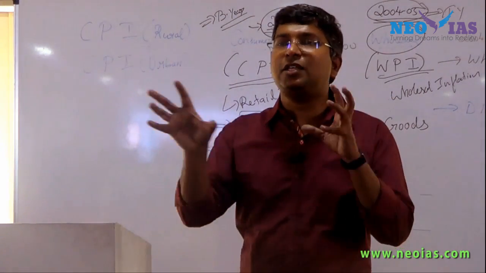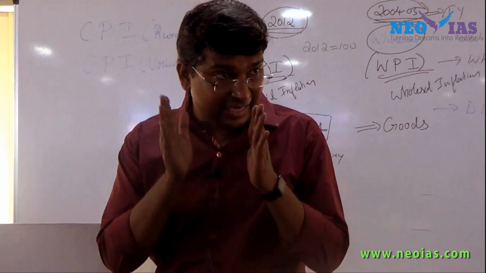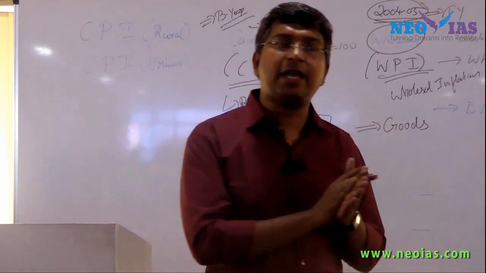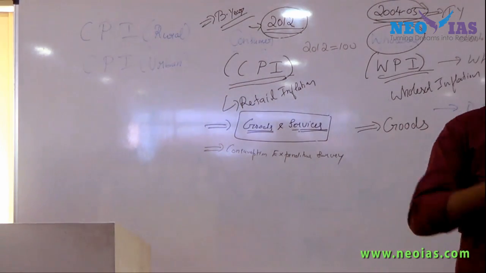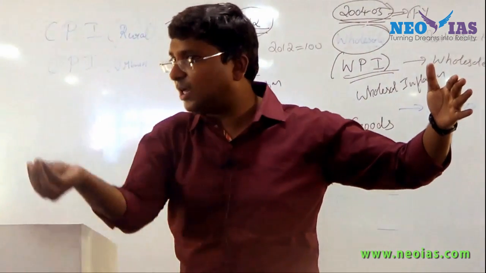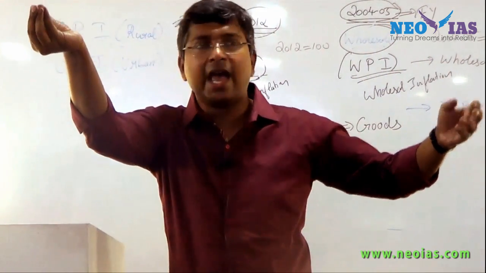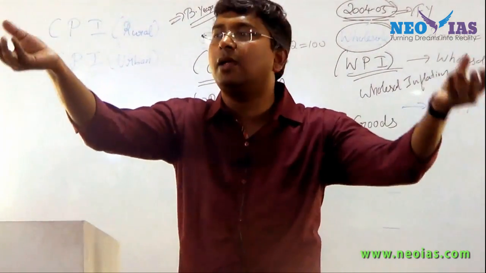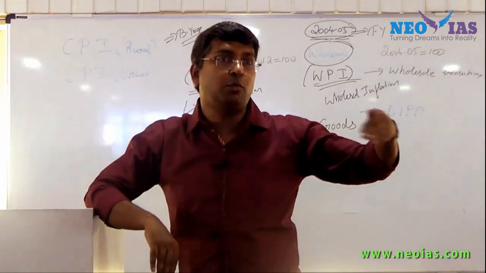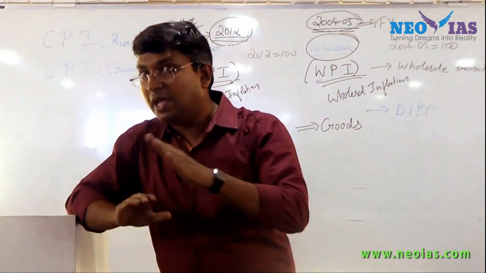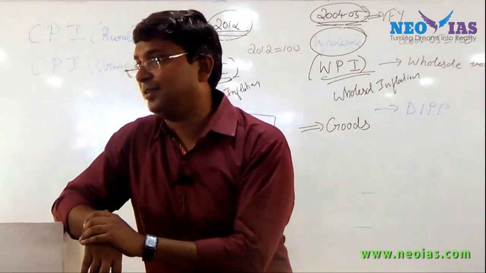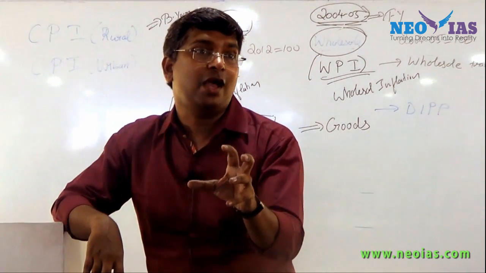Third is the weightage for food items. These are the three main reasons for the divergence. Divergence means the consumer price index inflation rate and wholesale price index inflation rate will be different, with consumer price index being more than wholesale price index. In India that gap used to be 3 to 4% or more, mainly when there was high food inflation.